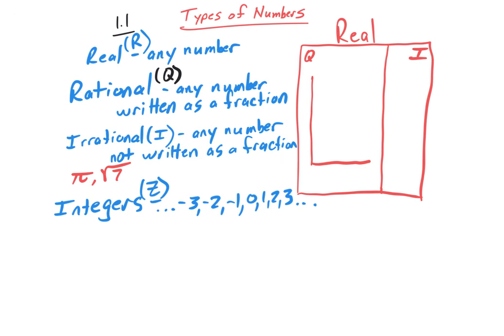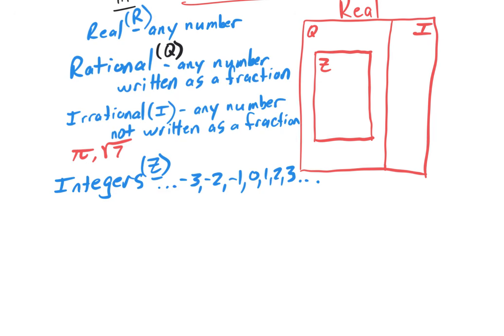So it is what we call a subset of rational numbers. So I'm going to put Z in here. All integers are rational. So all of these numbers here are rational numbers. Okay, so it's a smaller set. We're taking out fractions. Fractions are not part of that set.